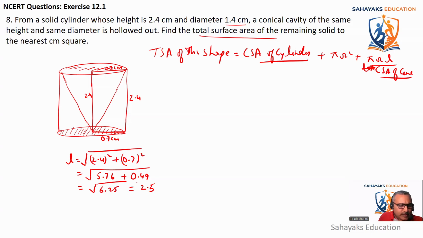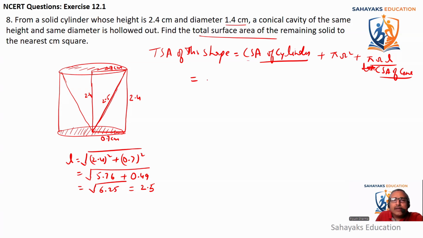So this slant length L is 2.5. Okay, now we have everything to compute it.